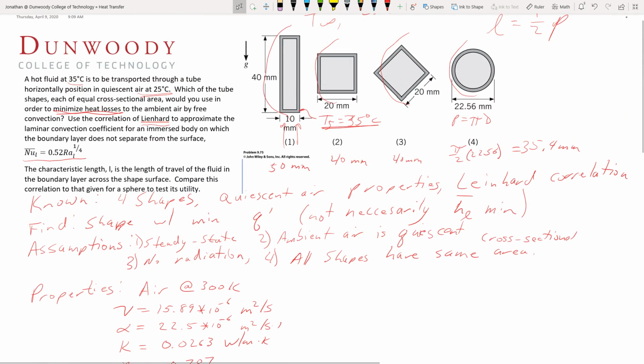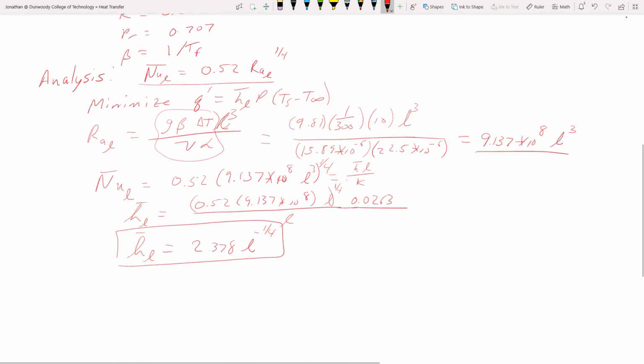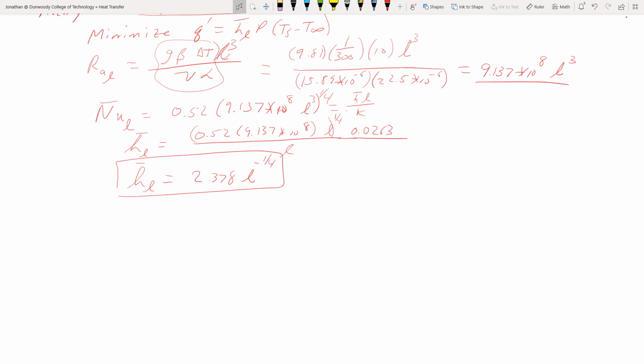We're going to convert them into meters, right? So this is going to be 0.05 meters, 0.04 meters, 0.04 meters. So we should get the same results for both of those guys. And this is going to be 0.0354 meters. Alright. So filling those in, shape 1, 2, 3, 4.